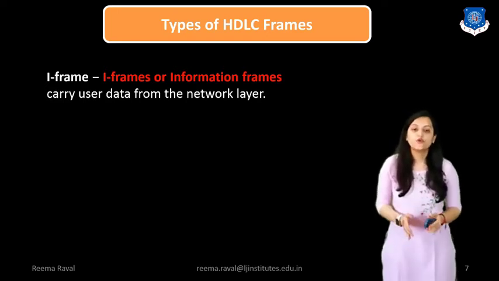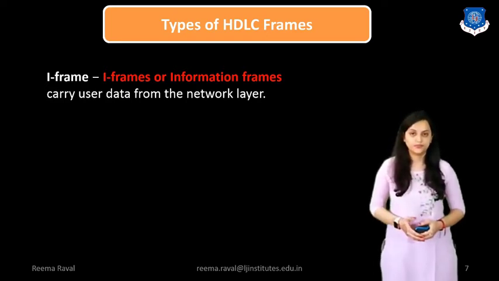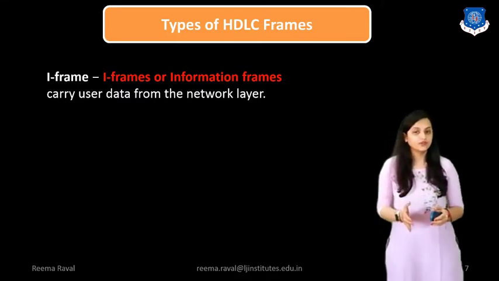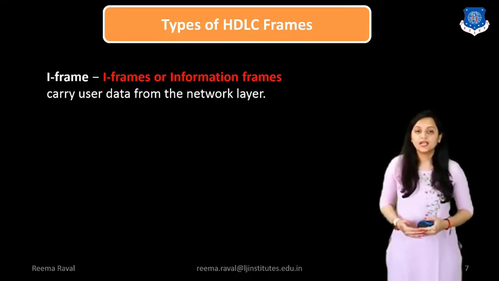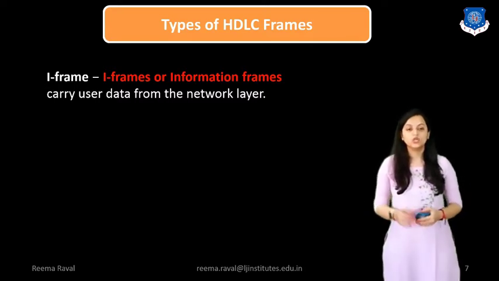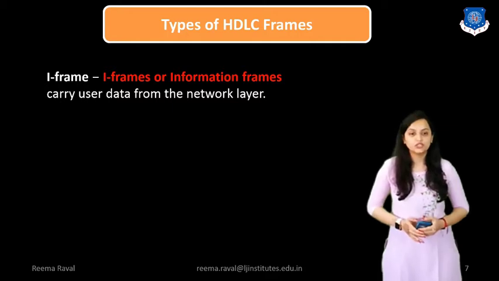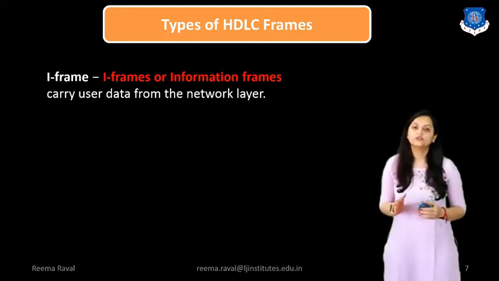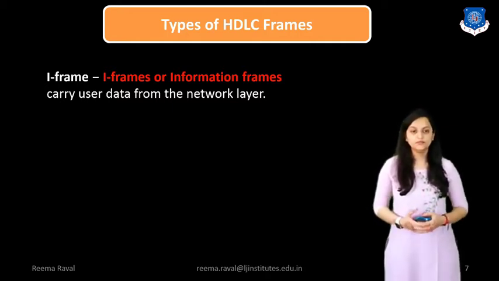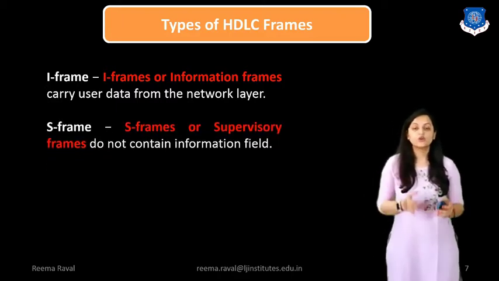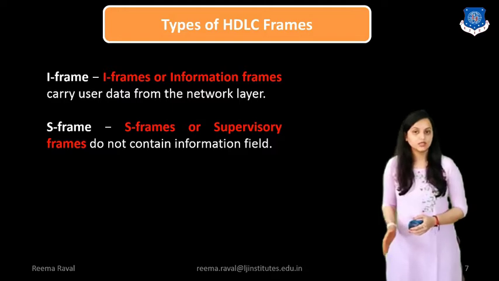I-frame stands for information frame. So the information frames carry user data from the network layer. If an I-type frame is there, it indicates the information frame which carries the data from the network layer. Second is the S-frame. Here S stands for supervisory frames.